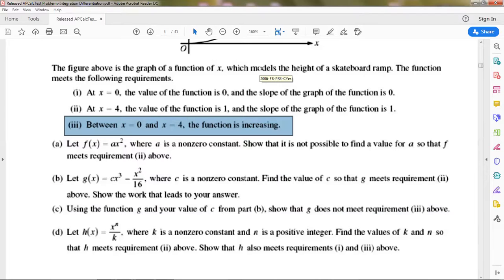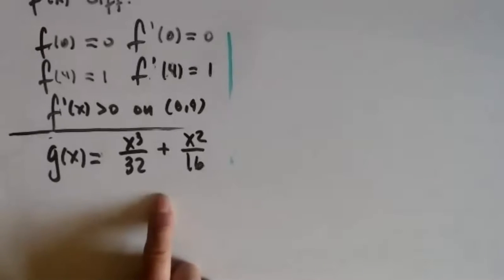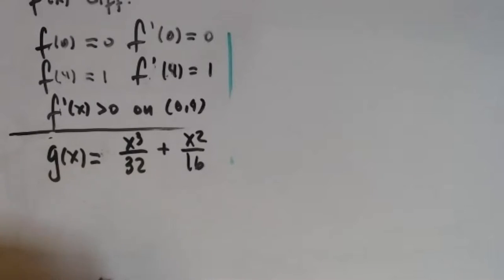So we have, let me just put this one. g of x is x cubed over 32 plus x squared over 16. Okay, right here, this is the function we got.